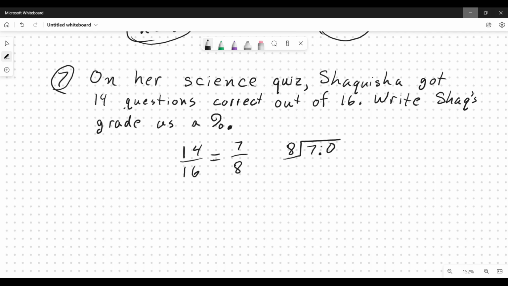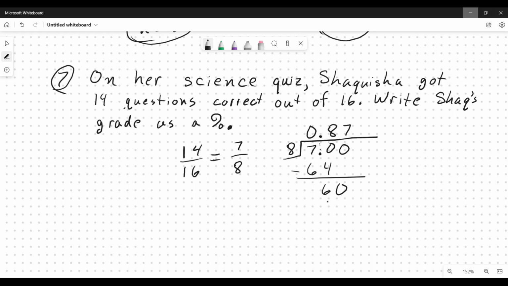8 goes into 70 how many times? 8 times 8 is 64. So 70 minus 64 is 6, and we bring down a 0. 8 goes into 60 how many times? 7 times.